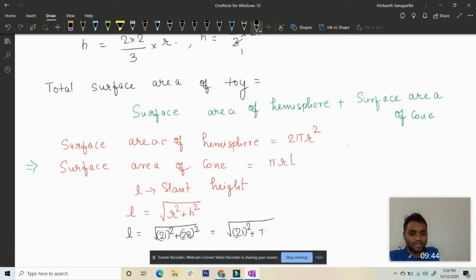I can write it as 7 into 3 whole square plus 7 into 4 whole square. If I simplify, I will get 35 centimeters.